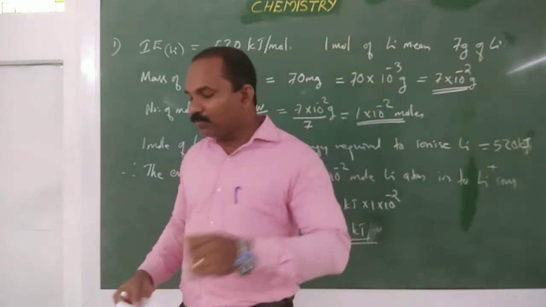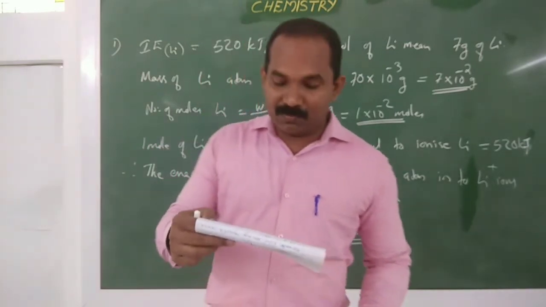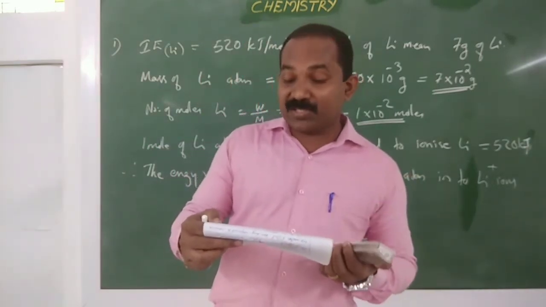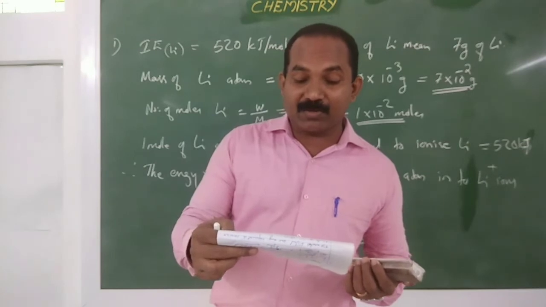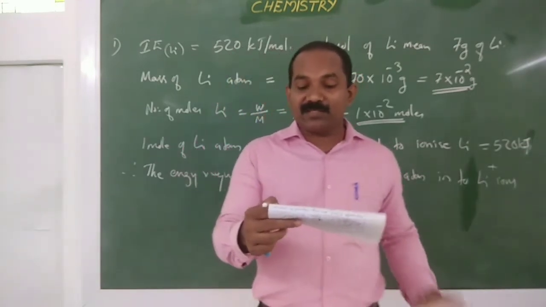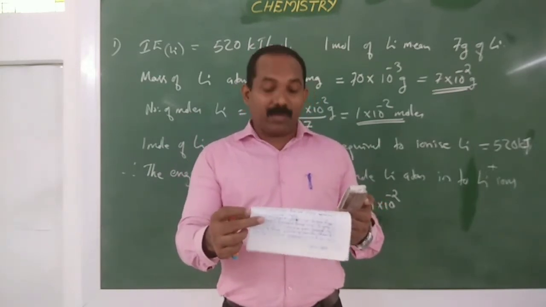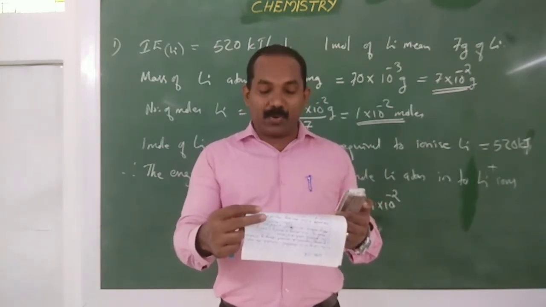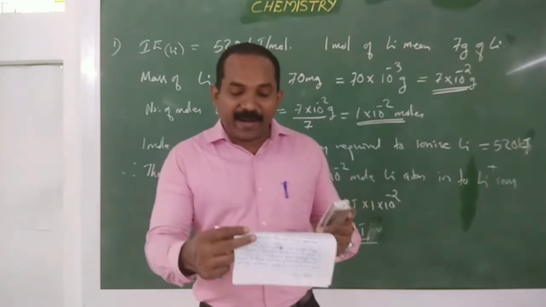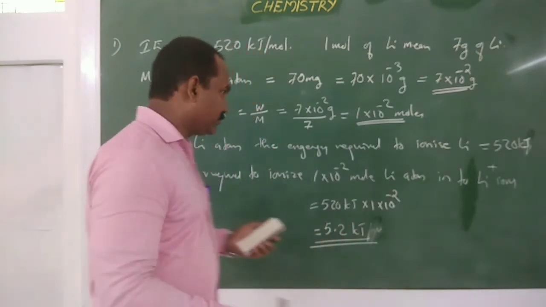Similar problem, but the energy is given in electron volt. Once again I read the question. The ionization potential of hydrogen is 13.6 electron volt. Calculate the energy required to produce hydrogen ion from 0.5 gram of hydrogen.